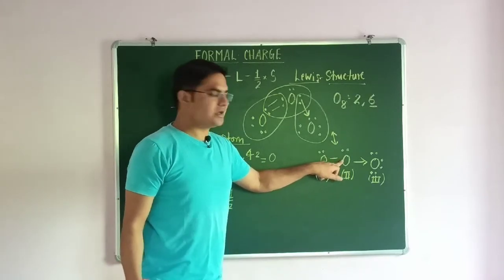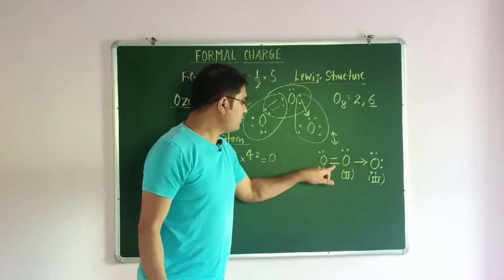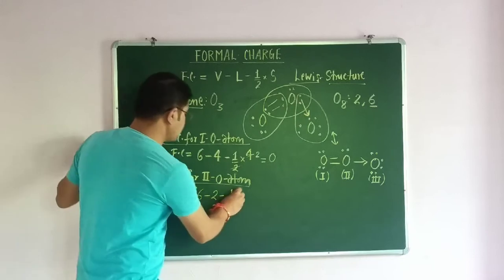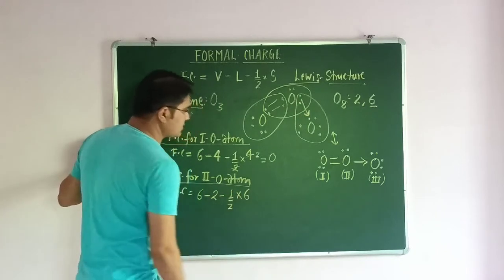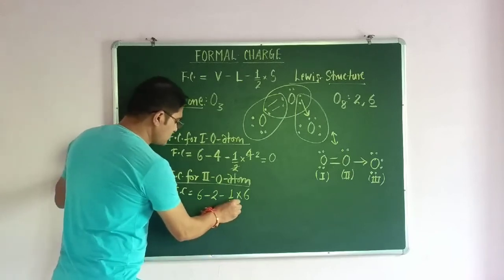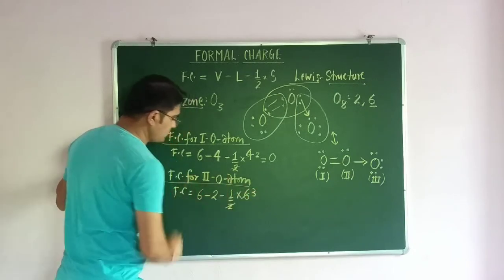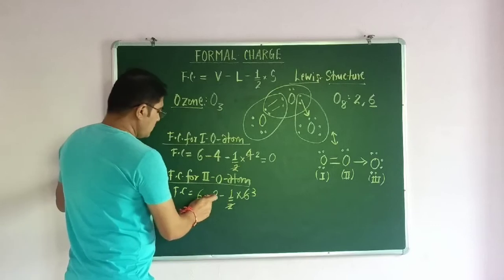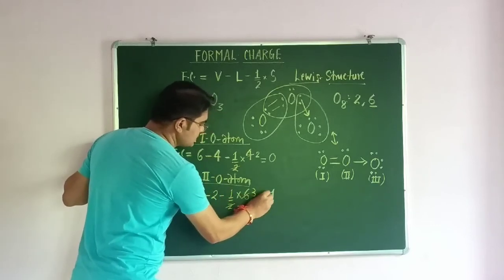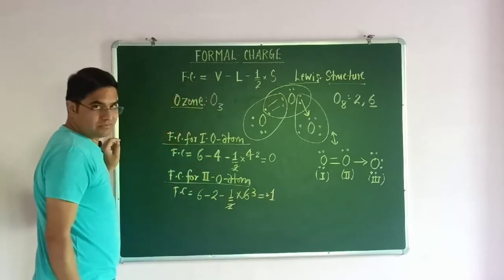This middle oxygen atom shares 2 electrons here and 4 electrons here, so the total number of shared electrons is 6. Half of 6 is 3. So 6 minus 2 is 4, minus 3 is 1. This comes out as a positive value, plus 1.